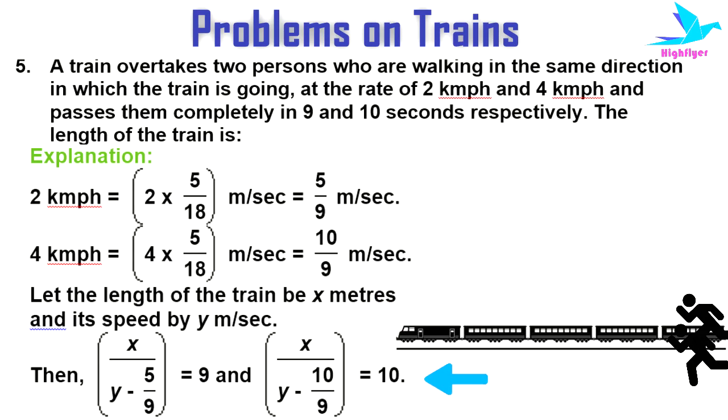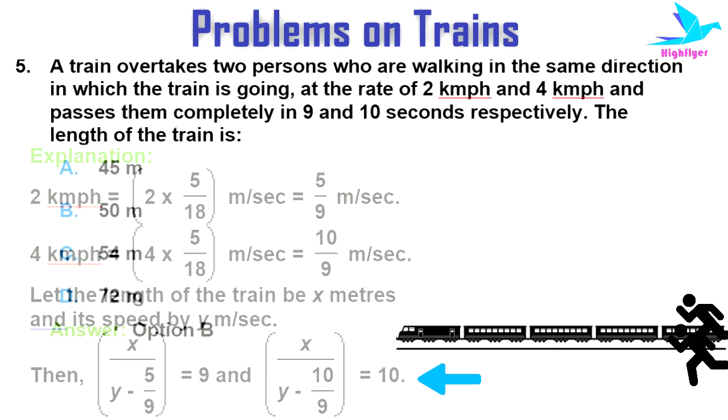Then x/(y − 5/9) = 9 and x/(y − 10/9) = 10. That means the length of the train divided by the relative speed of the train with respect to the first person equals 9 seconds, and the length of the train divided by the relative speed with respect to the second person equals 10 seconds.